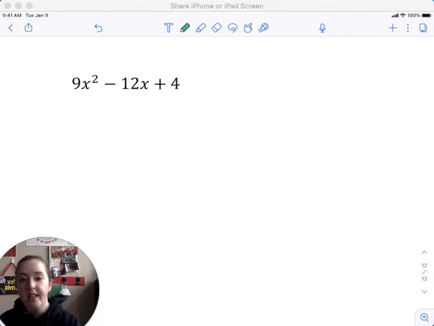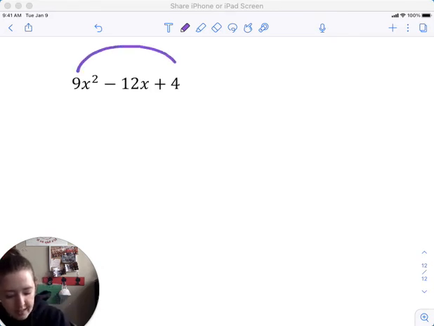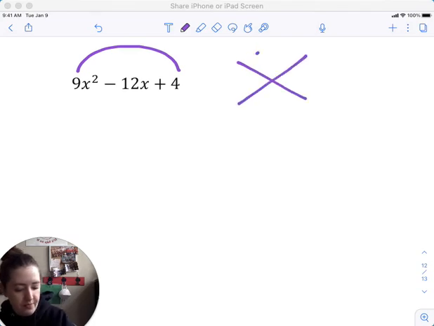Do we have a greatest common factor with 9x squared, 12x, and 4? No, we don't have a greatest common factor there at all. So we're just going to have to go ahead and split the middle term since this is a quadratic trinomial. It's squared, it has three terms. So we'll multiply our ends. 9 times negative 4 is 36.